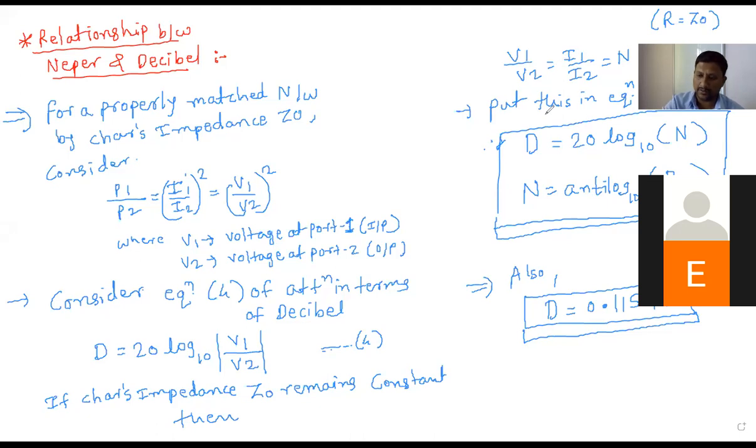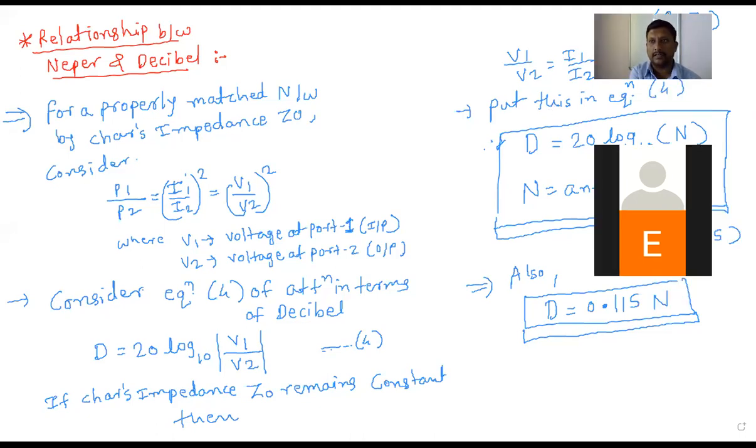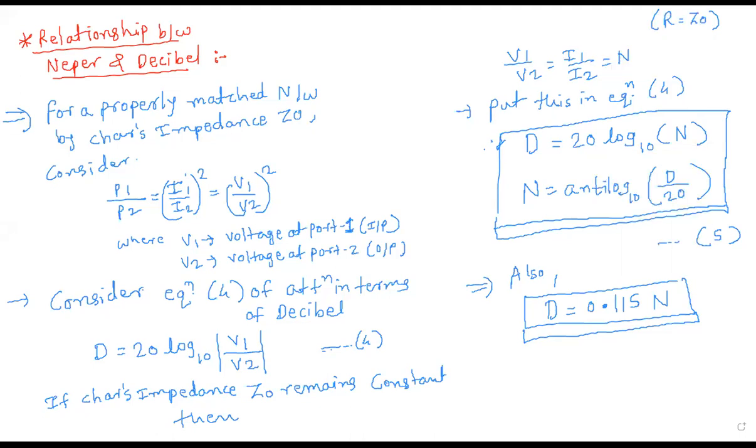So if any questions are there, you can ask. Otherwise, we can start the first type of attenuator, that is the T-type attenuator. So take 30 seconds and read each and every point, and we can start now.